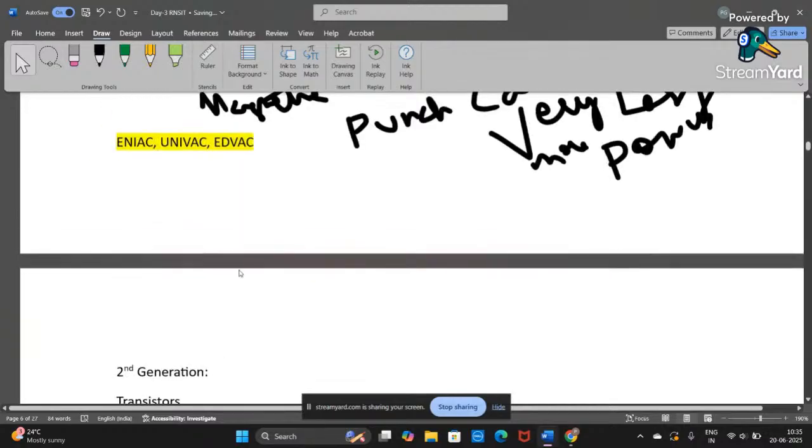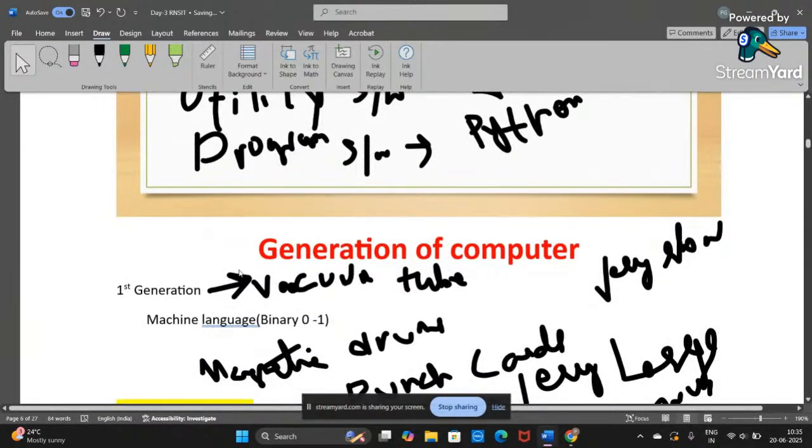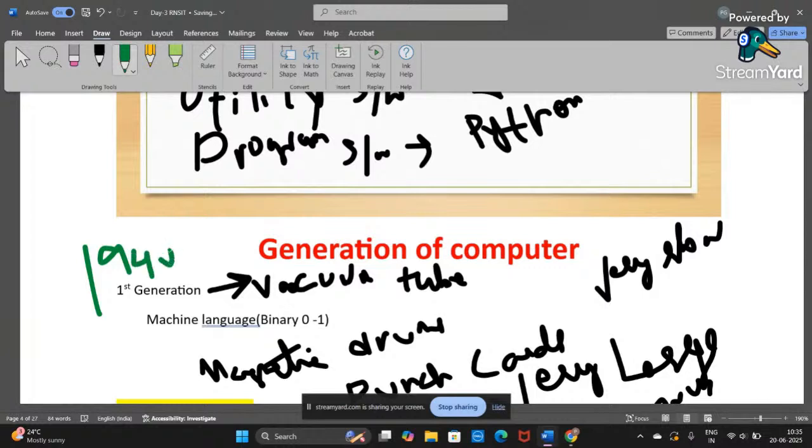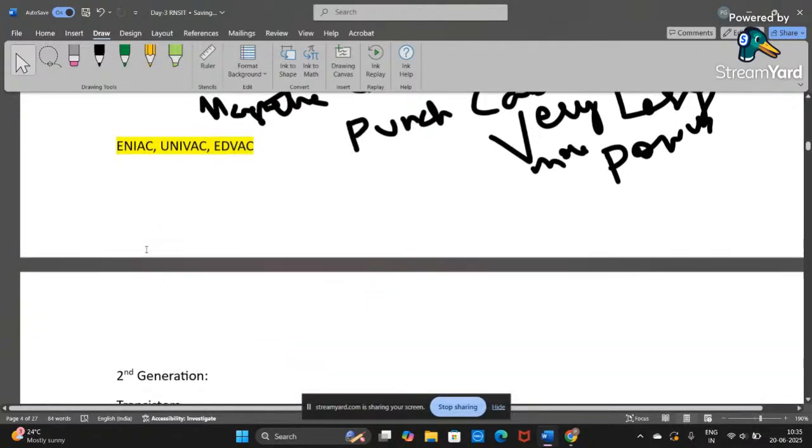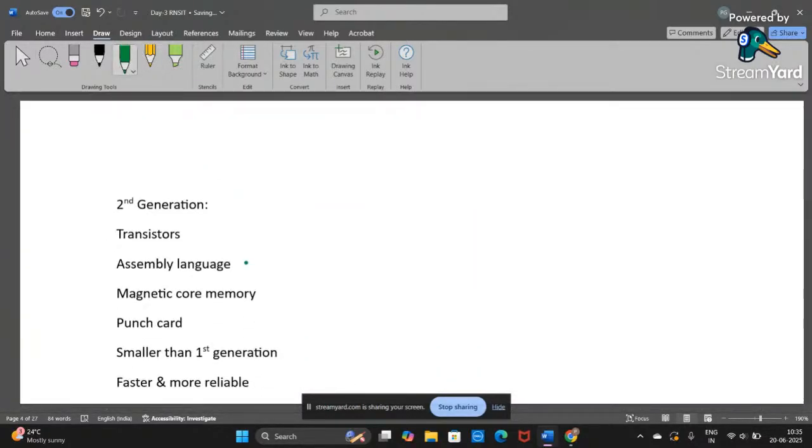See, first generation duration was from 1942 to 1956. And second generation was from 1956 to 1963.